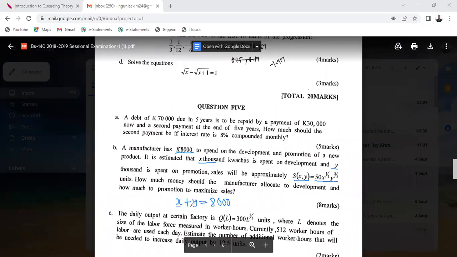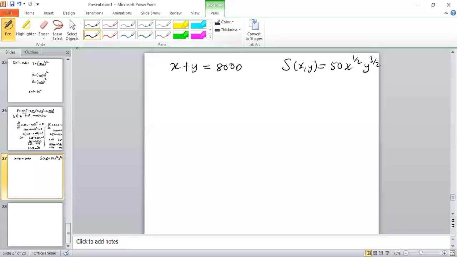So we want the value of X and Y. So what method are we going to use? This is the Lagrange. The same Lagrange that we were doing is what we have here.